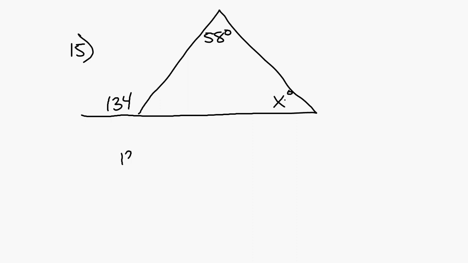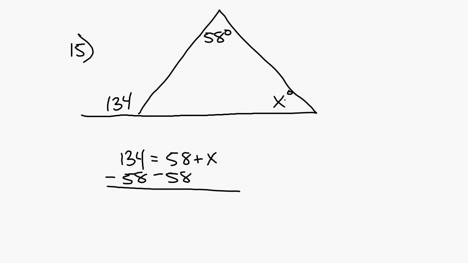So 134 is equal to 58 plus x. You can subtract 58 from each side. 134 minus 58 is 76, so 76 is equal to x. That's one way to do it. An exterior angle is equal to the sum of its remote interior angles.